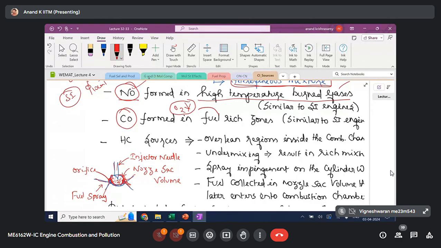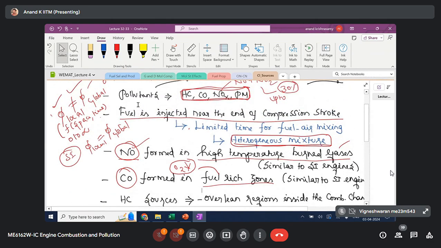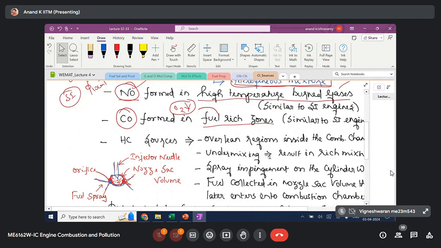So fuel-rich zones or oxygen deficiency is a source for forming CO. This is similar to what we have discussed for the spark ignited engine, but again the difference is you have a local equivalence ratio distribution in a diesel engine. This is a governing factor for the total CO that is formed in the CI engine.